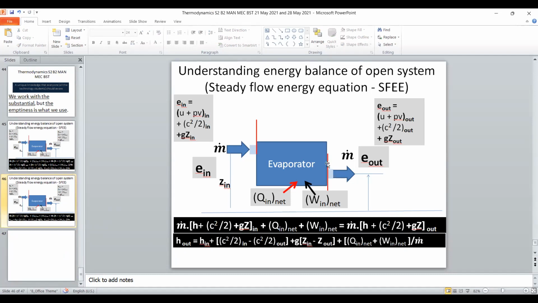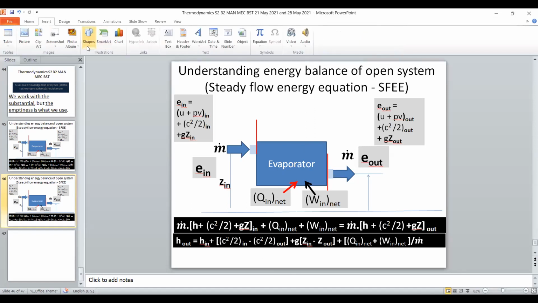So we have H out for evaporator: H in plus this kinetic energy in and out, potential energy in and out, and the heat interaction with the evaporator or this control volume. So we rearrange this way.